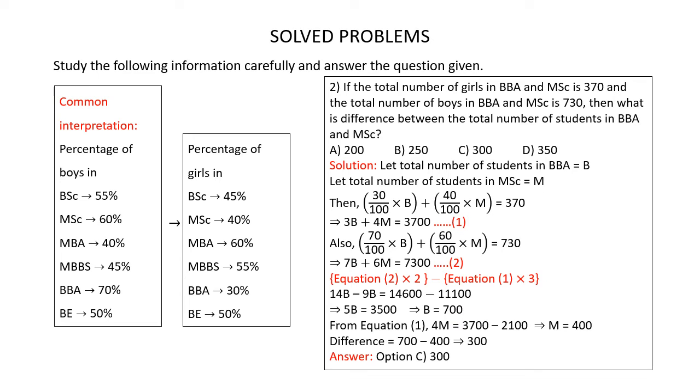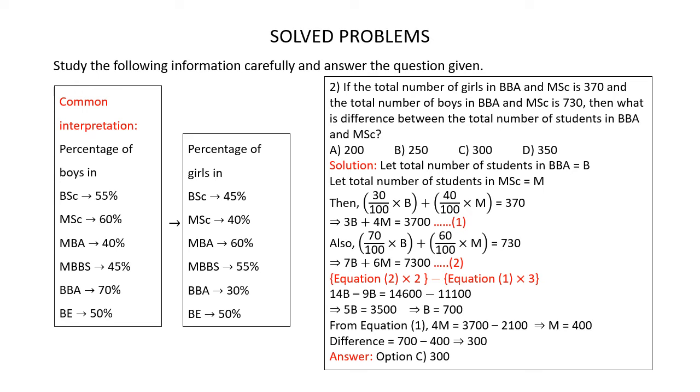Now let's substitute the value of B in equation 1 to find out the value of M. So from equation 1 we get 4M is equal to 3700 minus 2100. On simplification we get M is equal to 400.